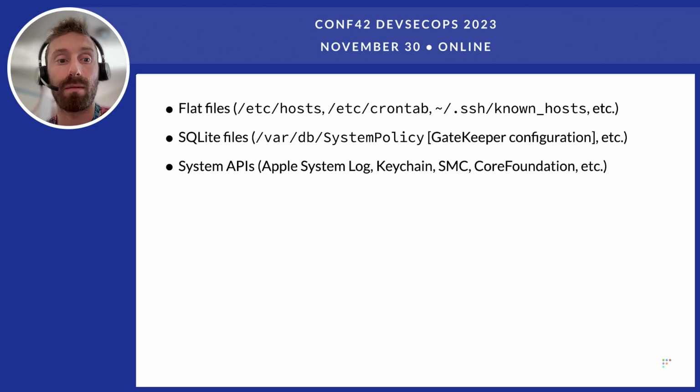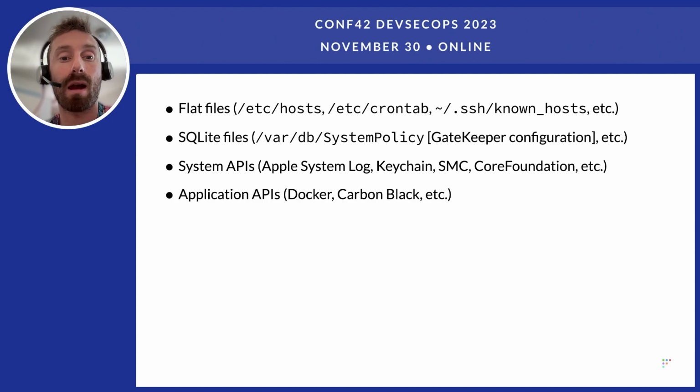The data available from system APIs, for example the Apple system log and the keychain on macOS. There are certainly many other system APIs on Windows and Linux that are useful and are also abstracted into this SQL concept with osquery. Application APIs that are exposed, such as Docker's API and the Carbon Black APIs. Many applications are exposing these APIs on local systems.